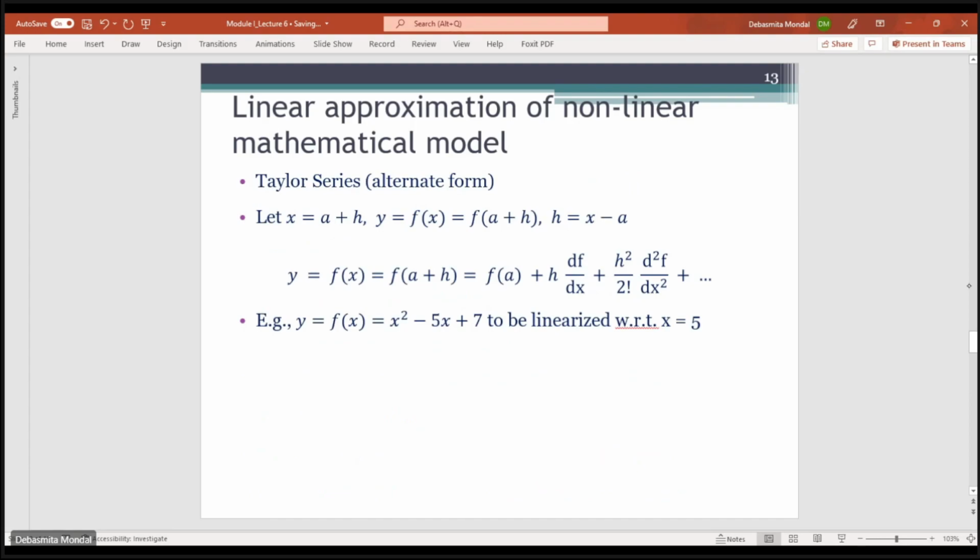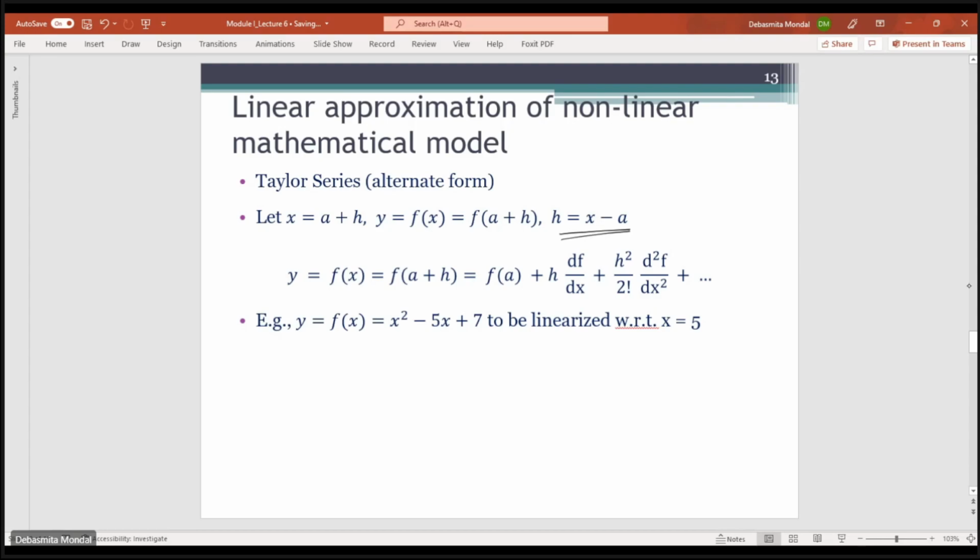Another alternate form of this Taylor series expansion: let us say that x equals a plus h. Then y equals f(x), which equals f(a plus h), and h equals x minus a. Expanding it, it will be f(a) plus h times df/dx plus h squared by 2 factorial d2f/dx2, and so on.